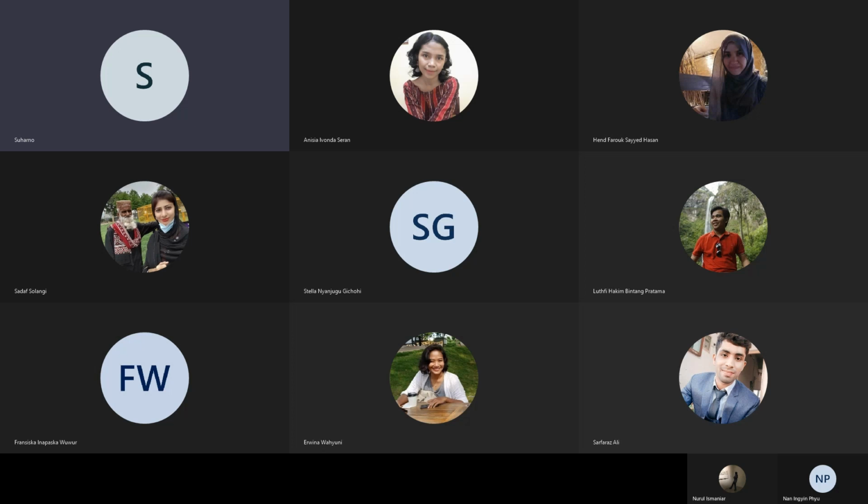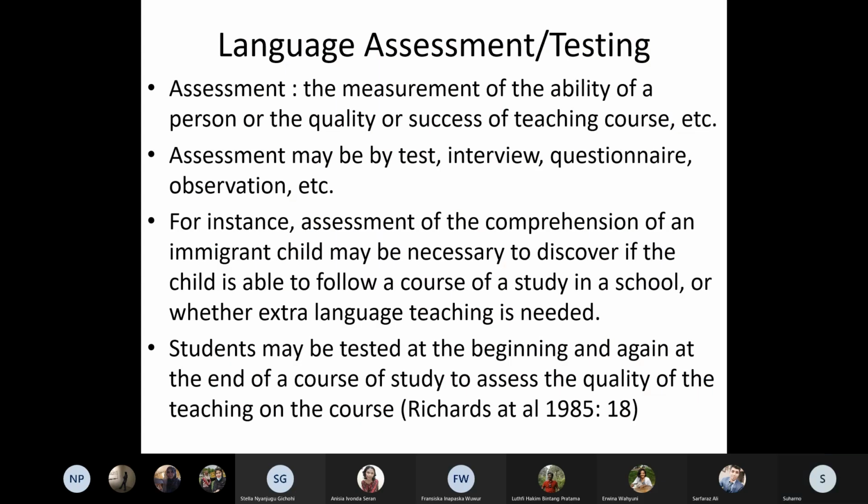Okay, let's check in my PowerPoint, the testing in ELT. This is the assessment. As I said, assessment is the measurement of the ability of a person or the quality or success of a teaching course.